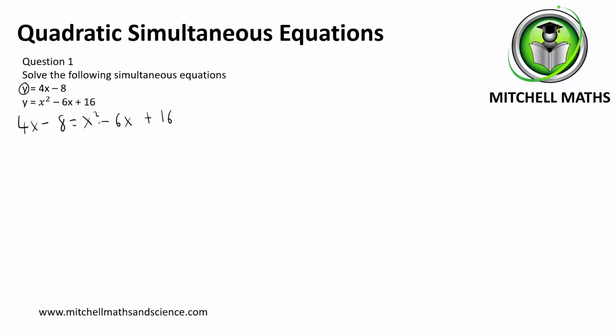Now I've only got x values, I can solve it. What I'm going to need to do first, because it's a quadratic, is get all the x values and everything onto one side and make it equal to 0. To do that, I'll first minus 4x from both sides. That will give me minus 8 equals x squared minus 10x plus 16.